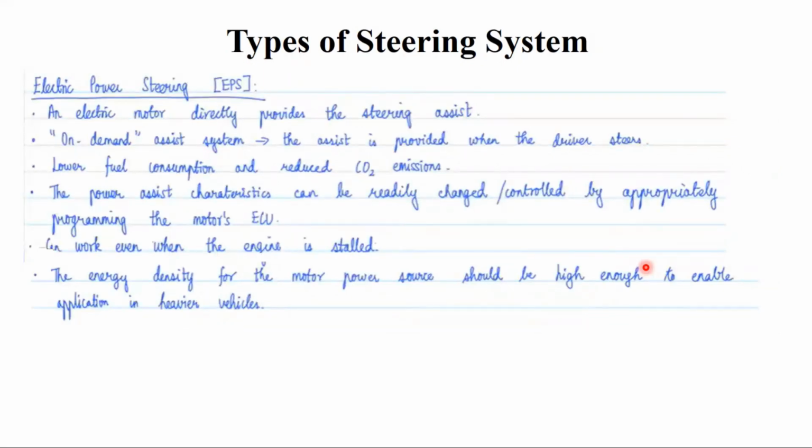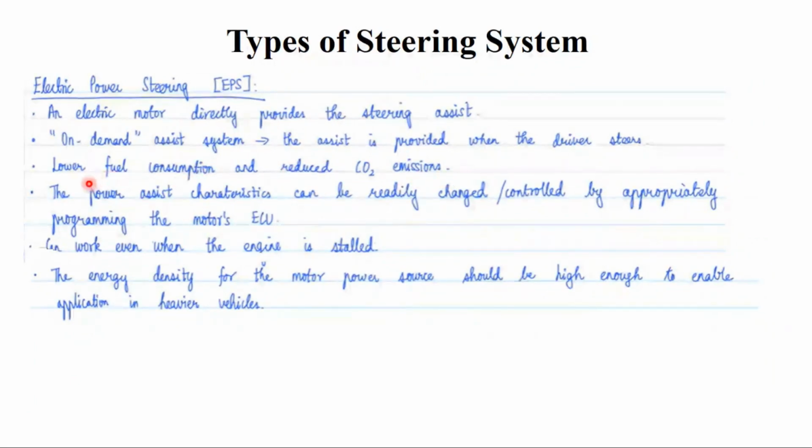And these are all the different points with respect to the electric power steering system. This electric power steering system consists of an electric motor which directly provides the steering assist. You have an on-demand assist system, which will assist whenever it's required, whenever the driver steers the vehicle, which is very useful for assistance and handling purposes.